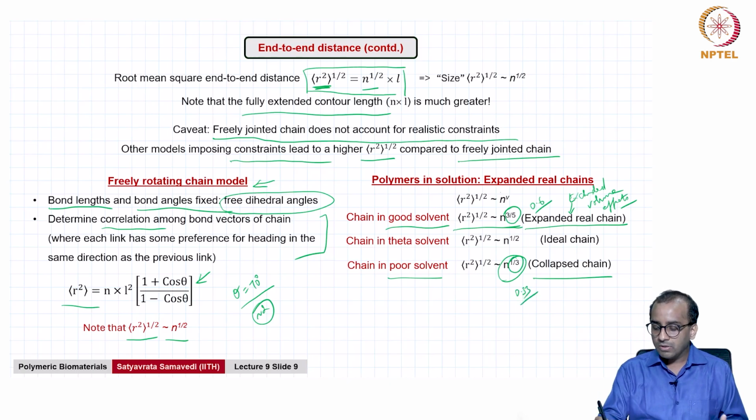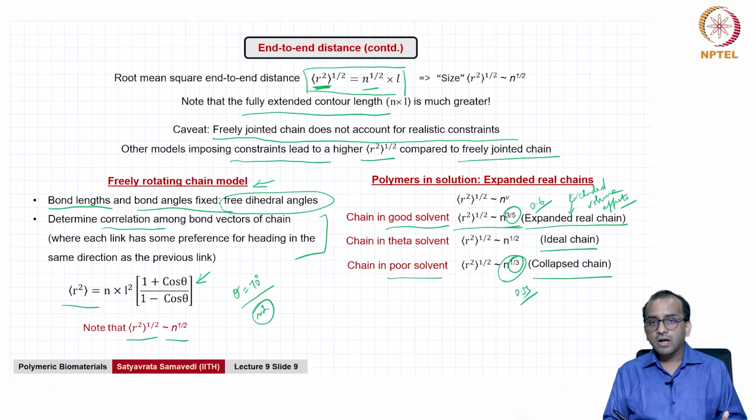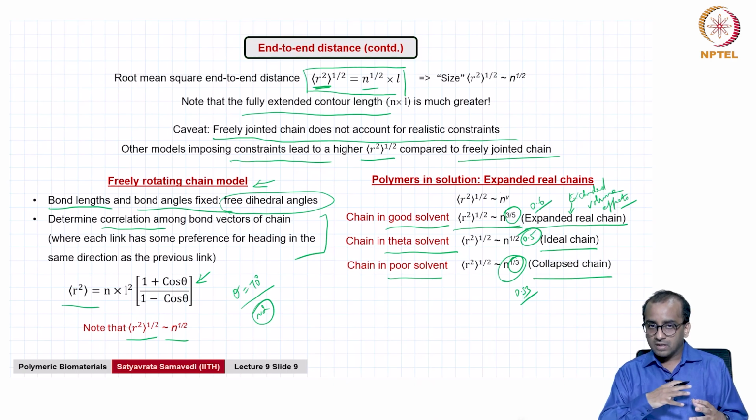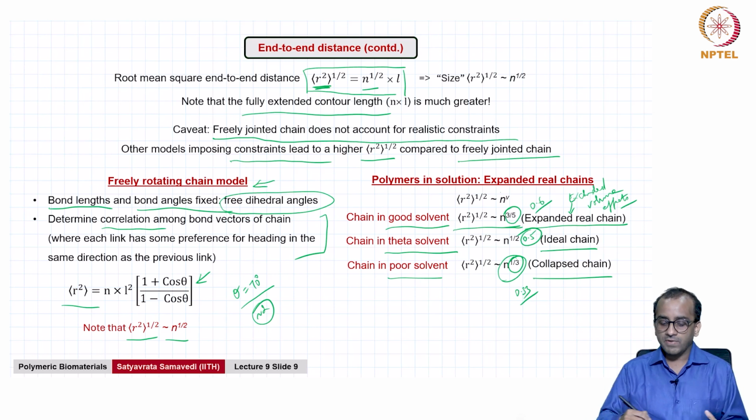And in between you have the ideal chain which we just saw, where the scaling is 0.5. And one way to realize the ideal chain condition experimentally is to use something called a theta solvent, where the solvent is just poor enough to exactly counteract the excluded volume effects, and that also occurs at a specific temperature called the theta temperature.